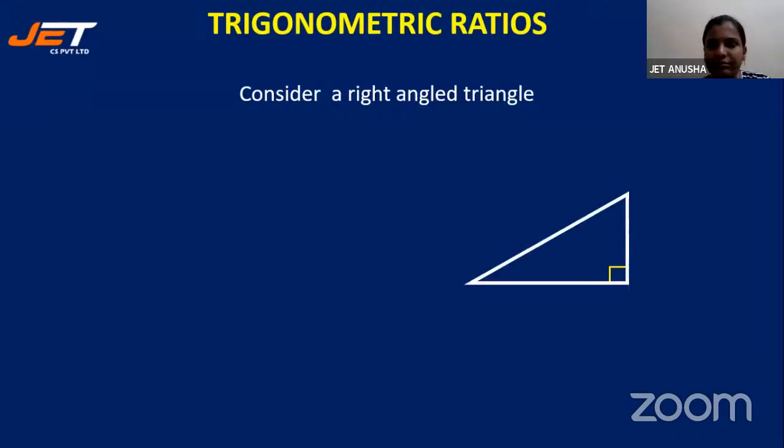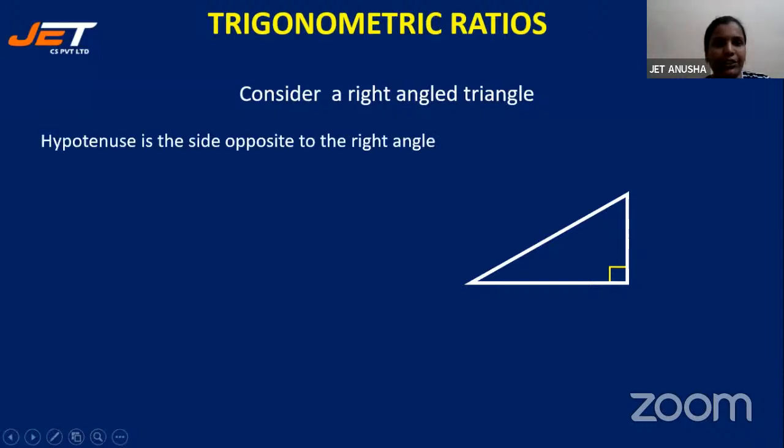Here is the right angle, which is 90 degrees. The hypotenuse is the side opposite to the right angle. This is called your hypotenuse. Hypotenuse is also the longest side.